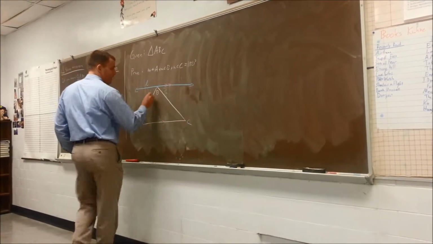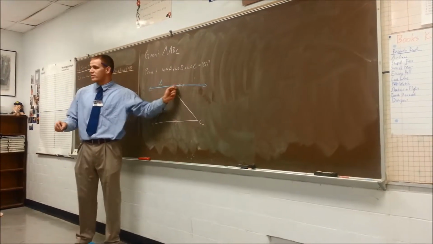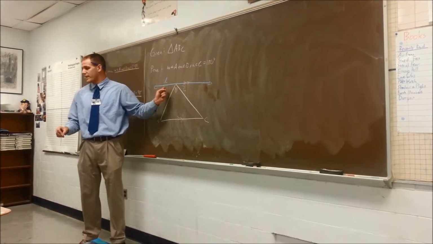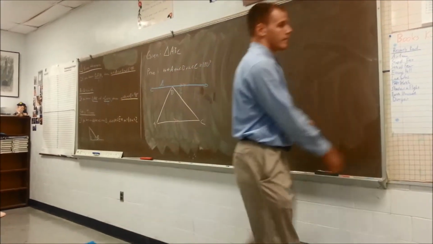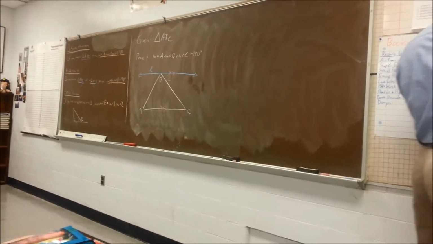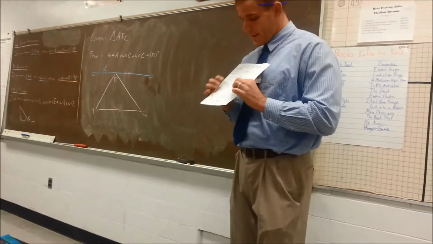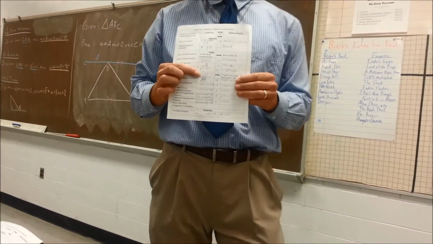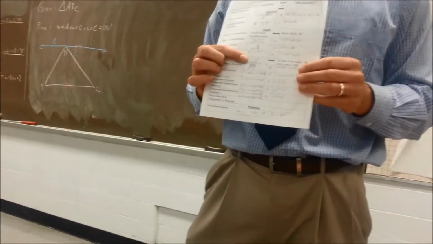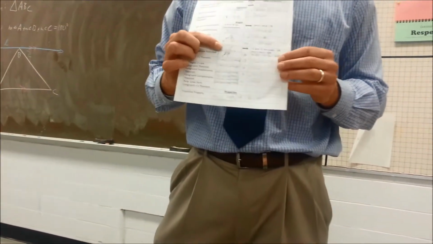Do you see something that kind of looks like a line with some angles on it? Under the given information. The very front of it. Right here, where it says linear pair, it's got a picture of angle 1 and angle 2. Okay?